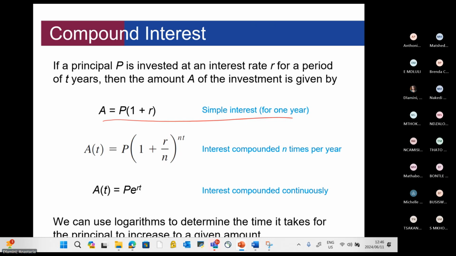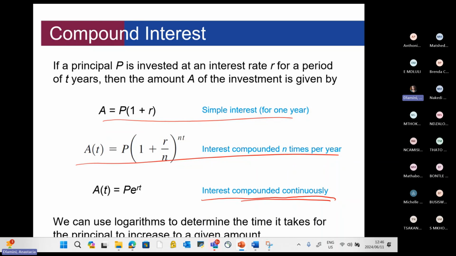Are you still there, or am I talking to myself? Yes, ma'am, we are. And then there was a compound interest formula. And then there was a compounded continuously formula.